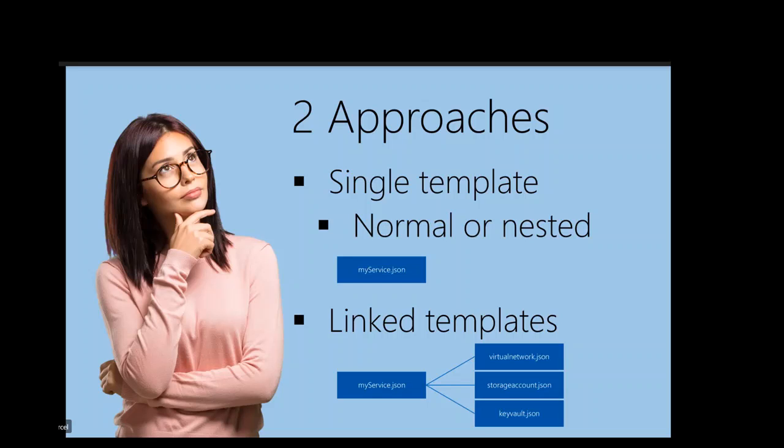But nested will become more interesting when we talk about Bicep a little bit later, because Bicep is heavily built on nested templates. All right, so it's up to you what you want to work with. If you start with ARM templates, definitely start with the single template approach, non-nested, until you have some experience. Later, you can continue to invest in nested templates or even linked templates.